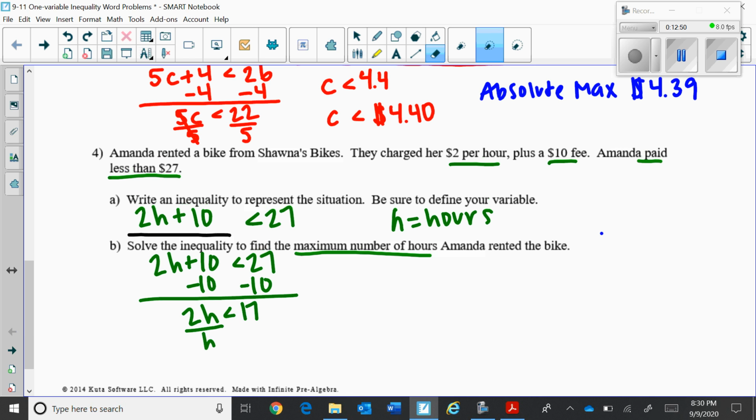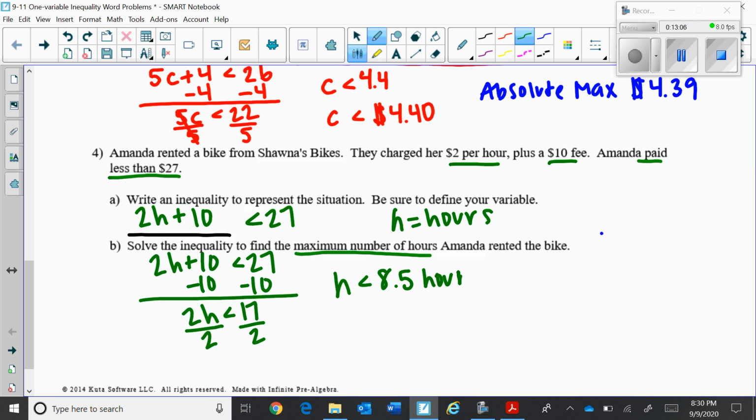Divide by 2, not H. Sorry. So it says H, our hours, has to be less than 8.5 hours. So with this, when it says maximum number of hours, it'll be fine.